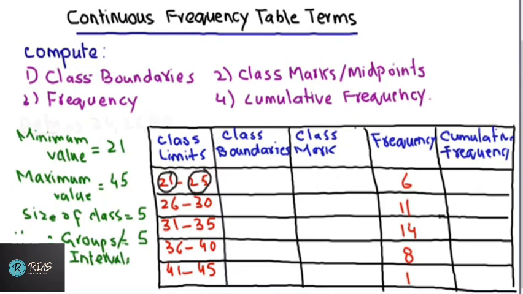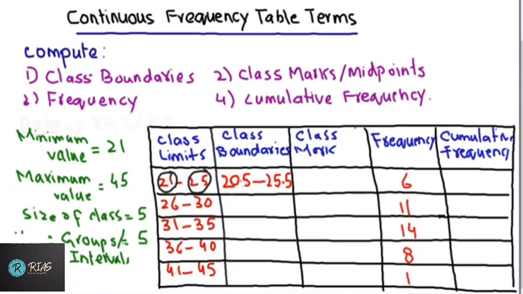Class boundary is basically the midpoint of the upper class limit of one class and the lower class limit of the subsequent class. Besides its definition, in order to memorize it, you just need a shortcut: subtract 0.5 from the lower class limit and add 0.5 to the upper class limit to get the class boundaries. So here we have the class boundaries of the first interval as 21.5 to 25.5.